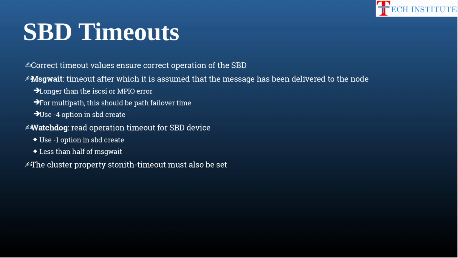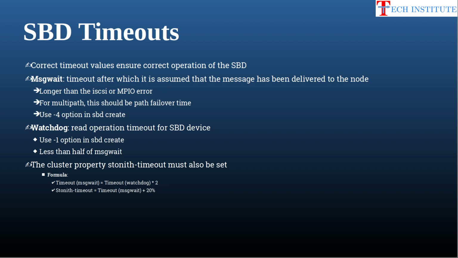And the cluster property stonith-timeout must also be set. You have to set this to have a properly functioning SBD STONITH. So the formula for calculating this: the message timeout is equal to your watchdog timeout value times 2, whereas the STONITH timeout value is the message timeout plus 20%.